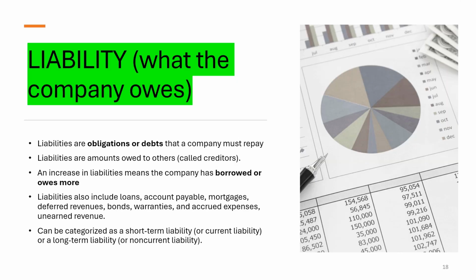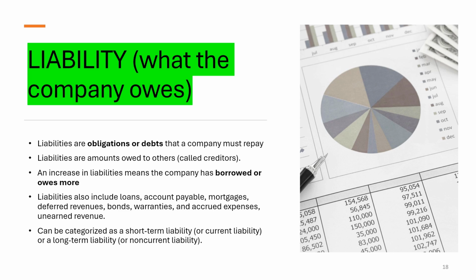The second key component in the accounting equation is liability, which is what the company owes. Liabilities are obligations, or put simply, debts that a company must repay. Liabilities are amounts owed to others. You can call them creditors. An increase in liability means the company has borrowed or owes more.